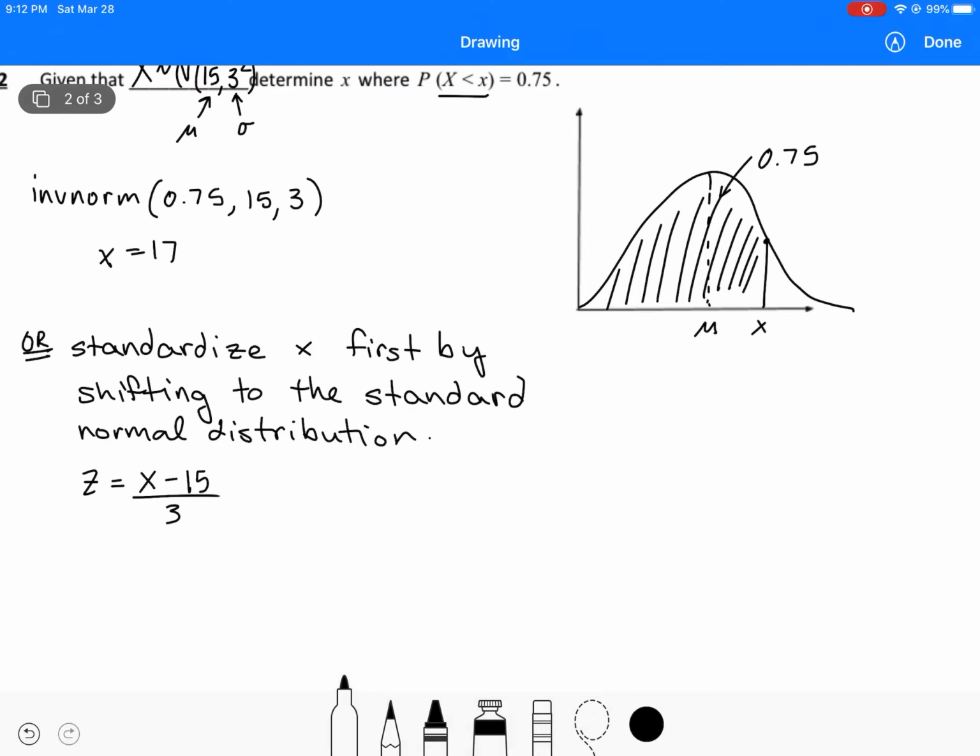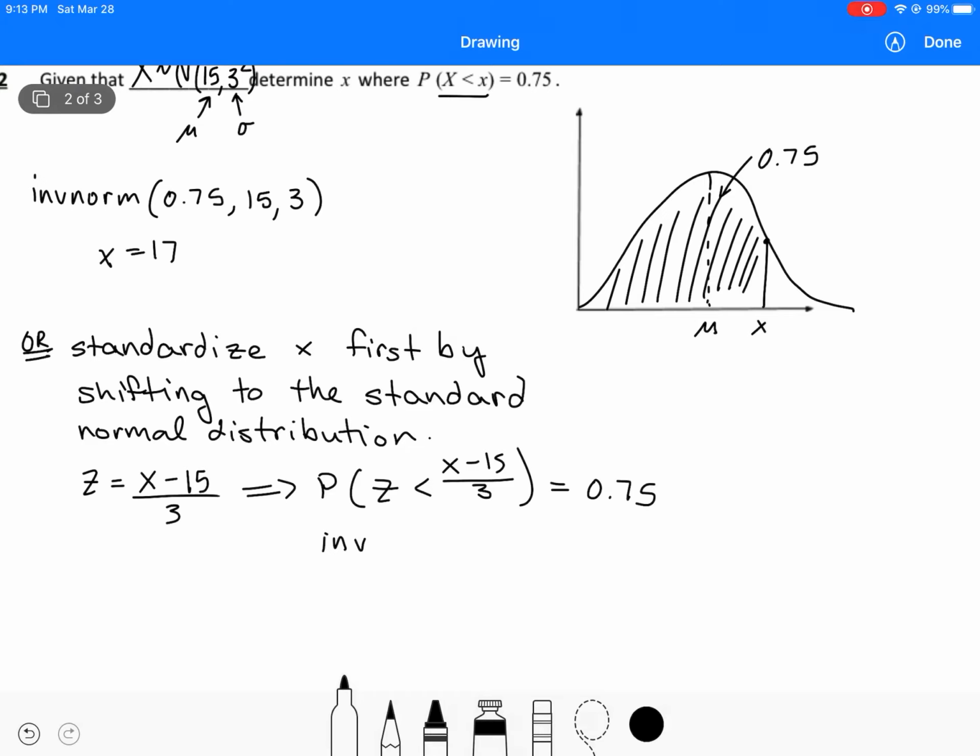So again, this is our formula from yesterday, also in your formula booklets. Then we change our probability statement to be in terms of z instead of x. So we've got the probability that Z is less than (x minus 15) over 3 is equal to 0.75.